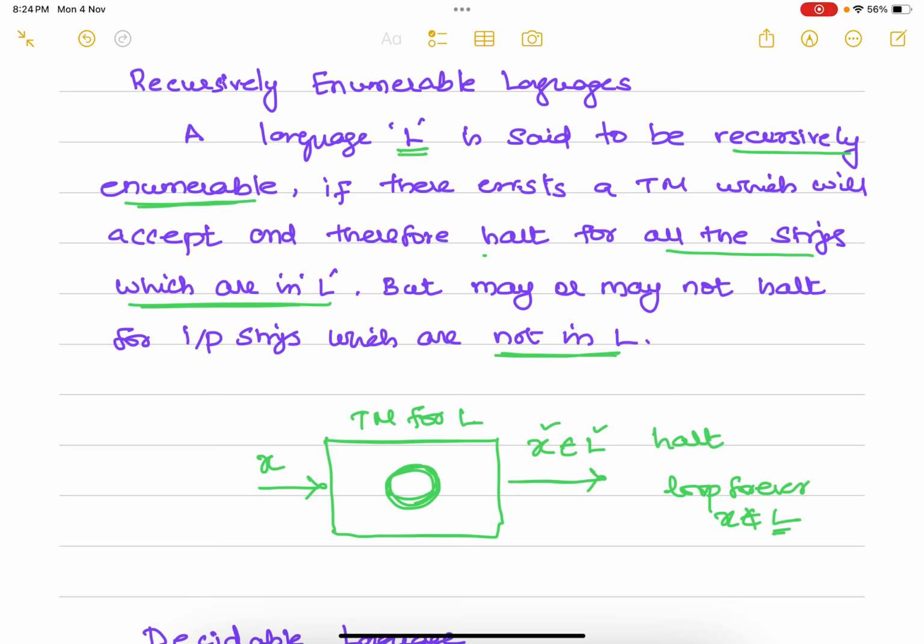So again, coming to the definition, a language L is said to be recursively enumerable if there exists a Turing machine which will accept and therefore halt for all the strings which are in L, and it will loop for all strings that are not in L. Such a language is called a recursively enumerable language.